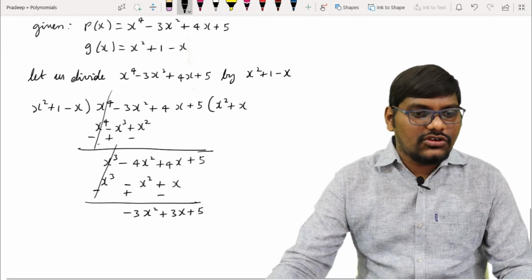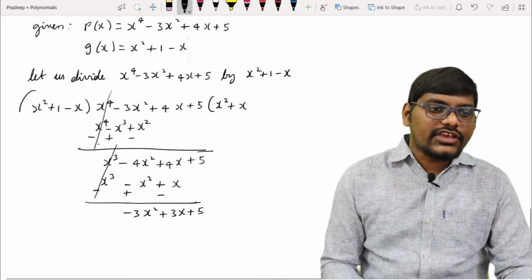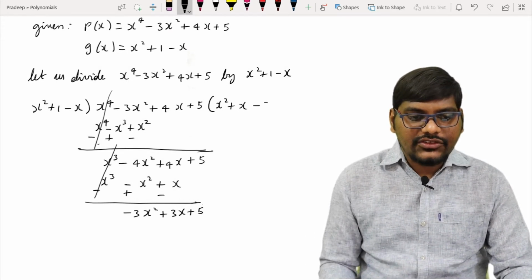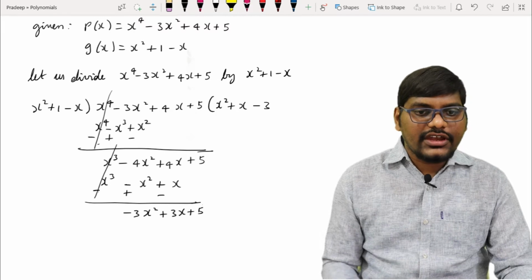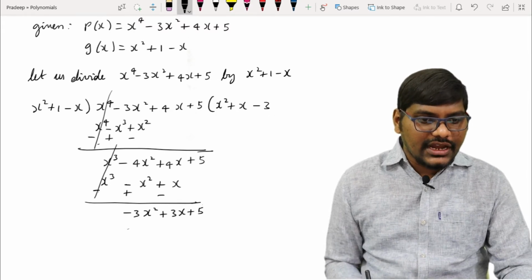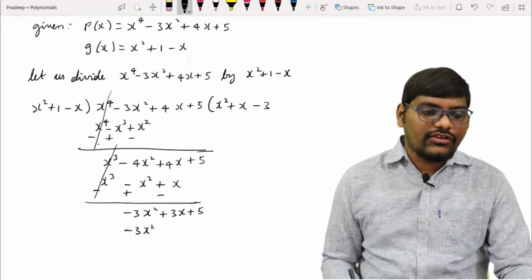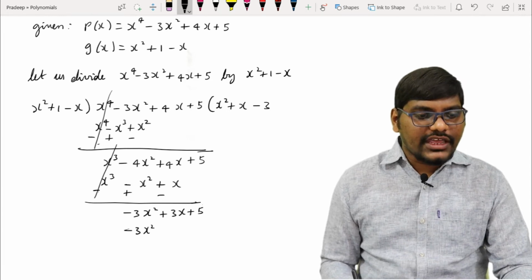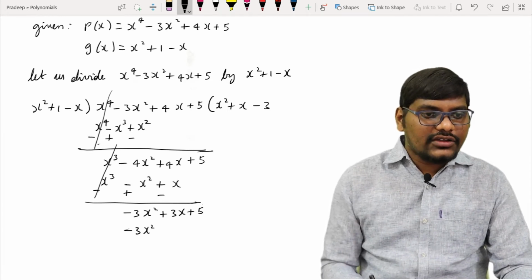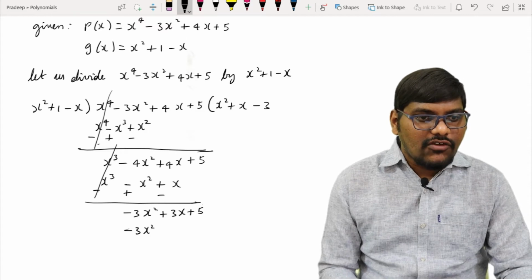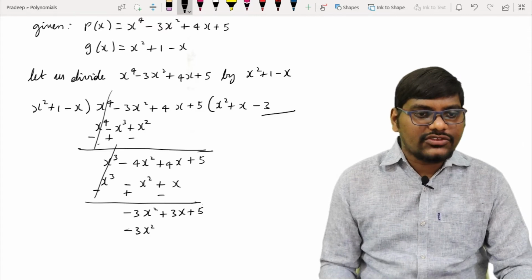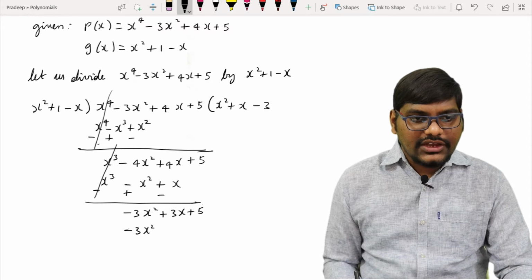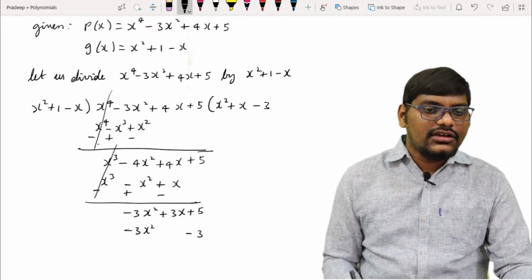Okay, so let's try forward. So here is x square, so I can just take minus 3 here, that is x square into minus 3, we'll be getting here minus 3x square. Okay, so minus 3x square, and the next value I'll be taking as 1 into minus 3, that is minus 3, that I'll be writing here.